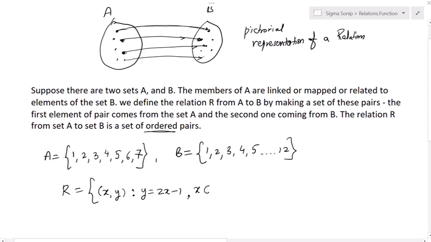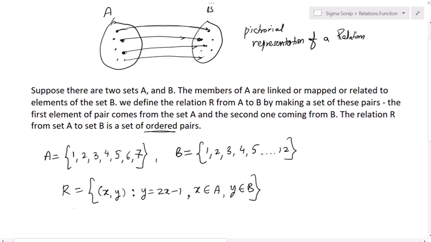So I say x is a member of A and y is a member of B. You can see that the first element is always denoted by x, and the second element is denoted by the letter y.